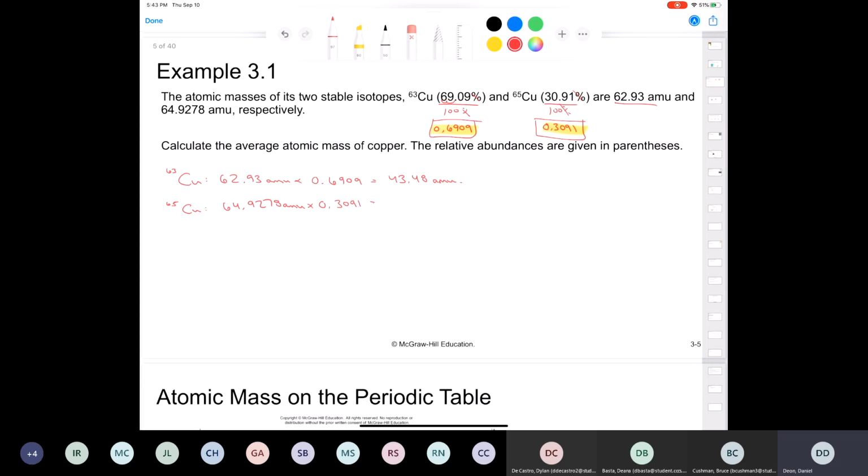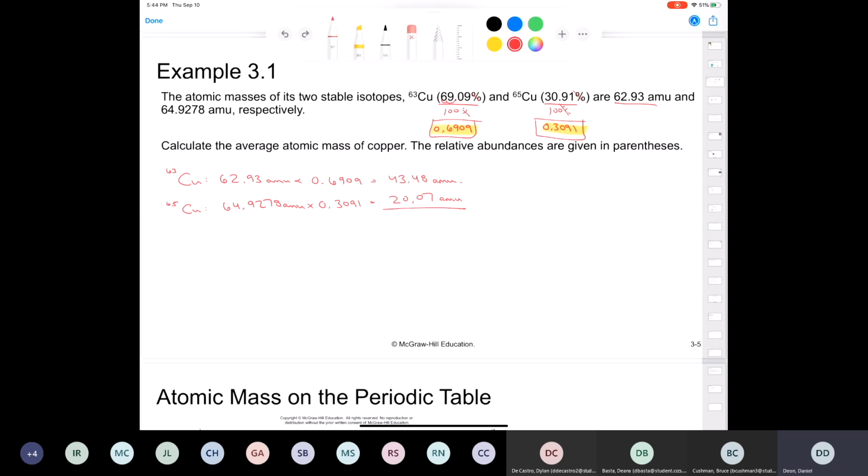When I multiply 64.9278 by 0.3091, I punch that in my calculator and I get 20.07. Of course, I'm only going to carry over 4 significant digits because both of these numbers have 4 sig figs.